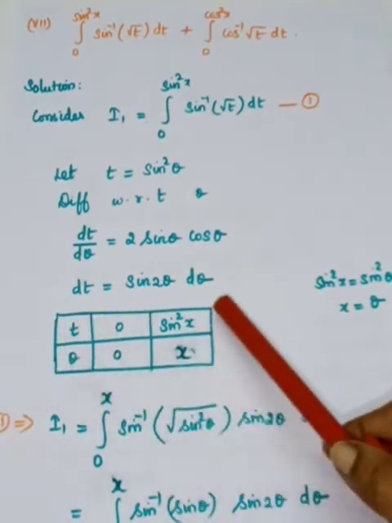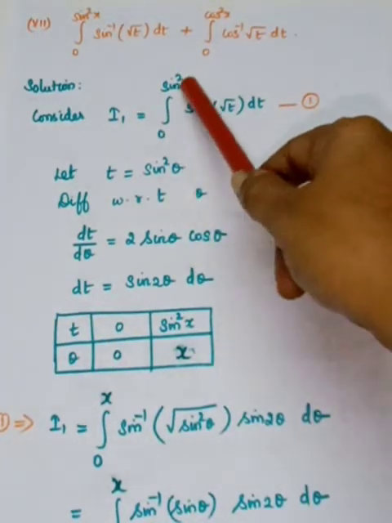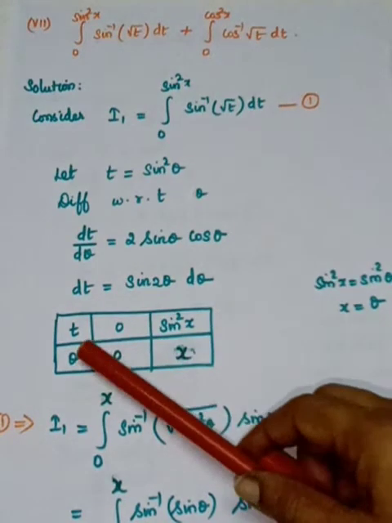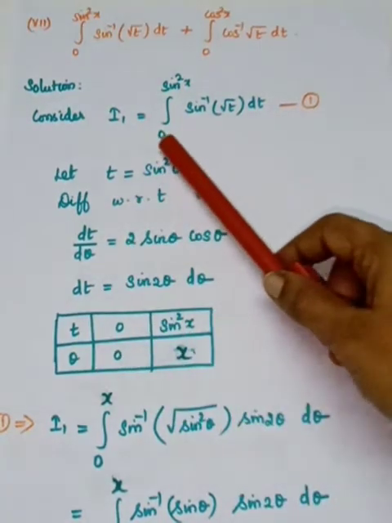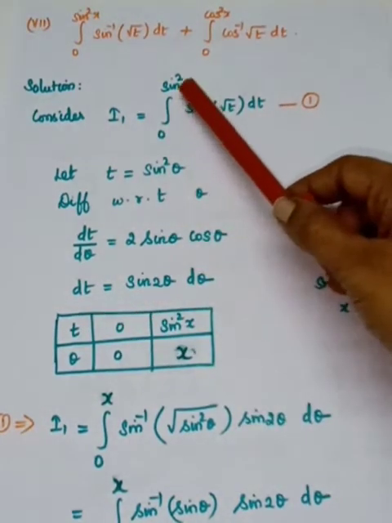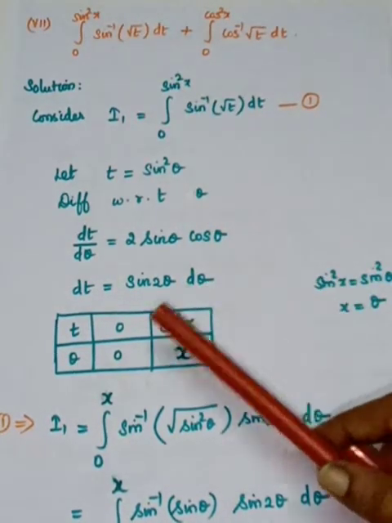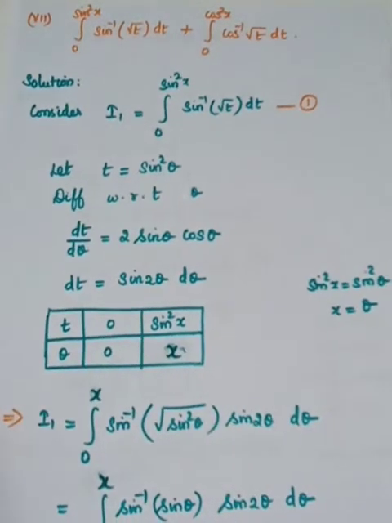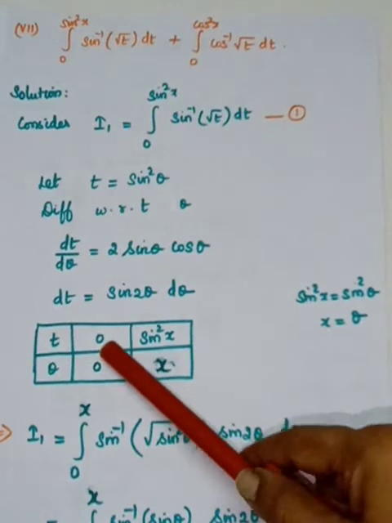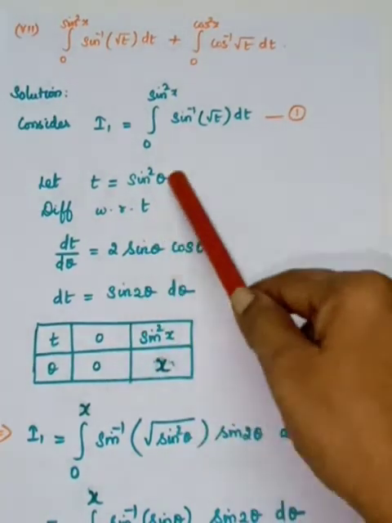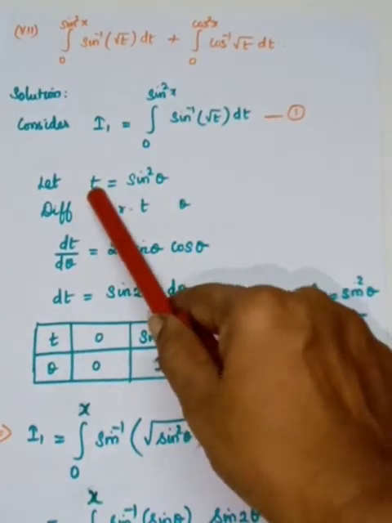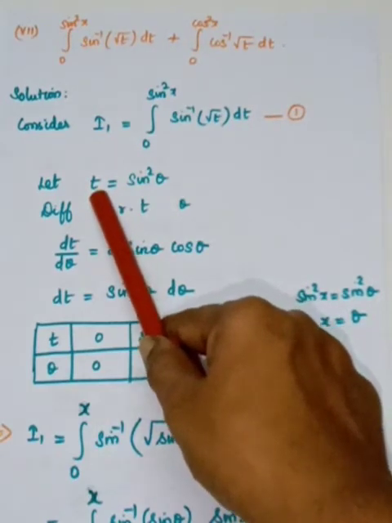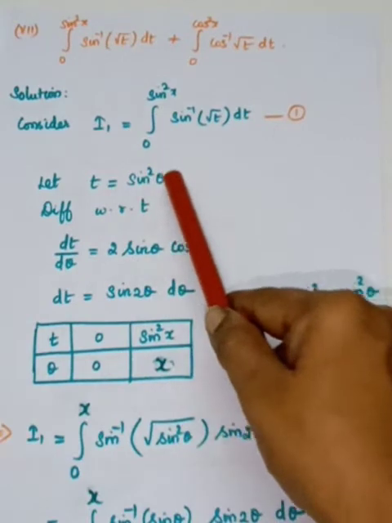Now you are going to change the limits. Your limits are in t. You are going to change them in terms of theta. So first, for t, what are the limits? The lower limit is 0 and the upper limit is sine squared x. Now you are going to convert in terms of theta. You see that first t is given as 0. If you substitute in this relation, in the place of t you have to write 0. 0 is equal to sine squared theta.